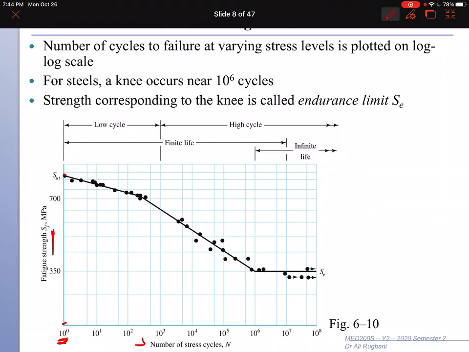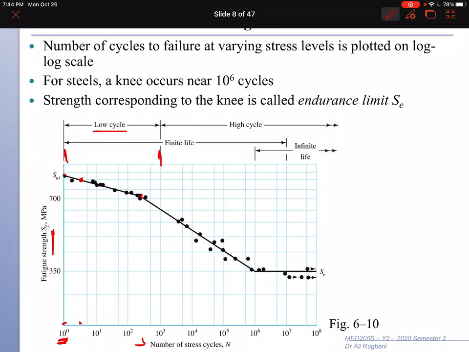And then when we reduced stress just below ultimate strength, we managed to rotate or get a few cycles of load before failure. Okay, so this region from here up to here is called the low cycle region.